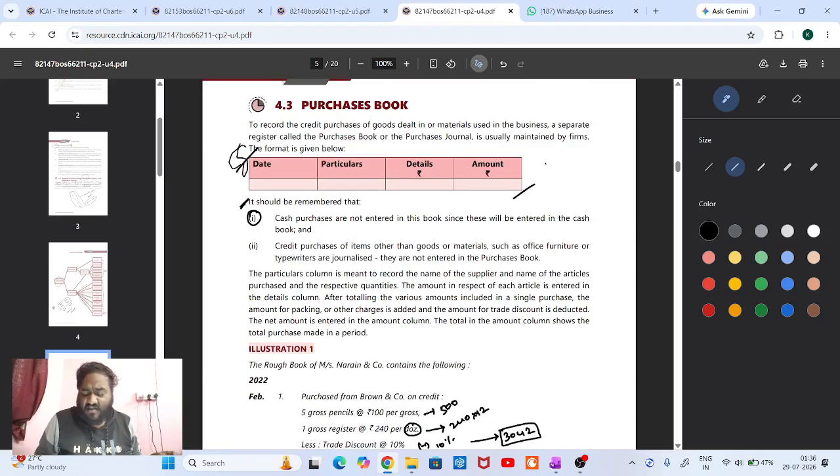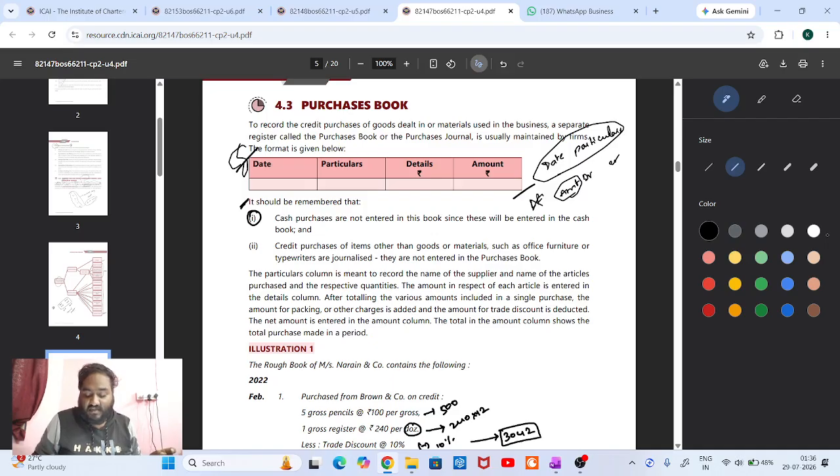Close your eyes. For any kind of format, there is a date. In chapter 2, remember, for any kind of format, the first thing is date. Second, particulars. These two are common. Third one is amount. In general, I'm talking, not here. And if it is journal entries, debit or credit, and ledger folio.